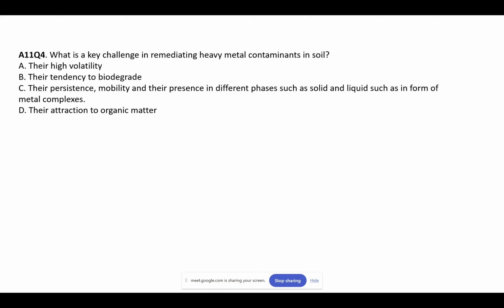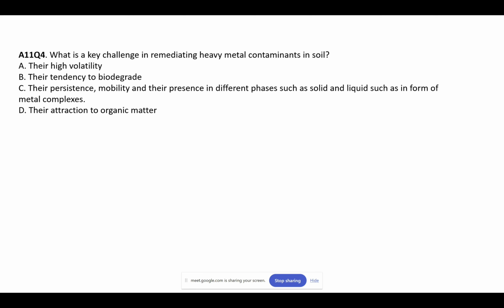Suppose the water has hydroxide, so they will form different hydroxide complexes. If there is chloride, then these contaminant metals can form different chloride complexes. So the overall complexity increases when more and more ligands are present in the groundwater. So option C is correct.